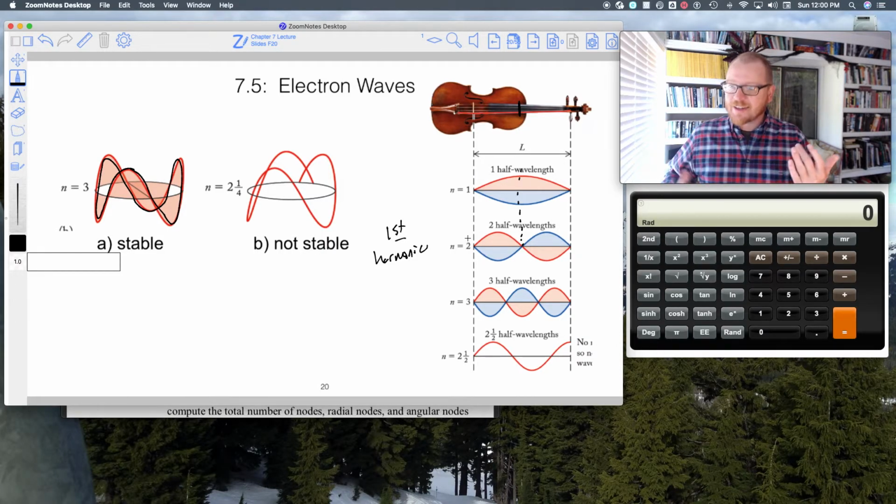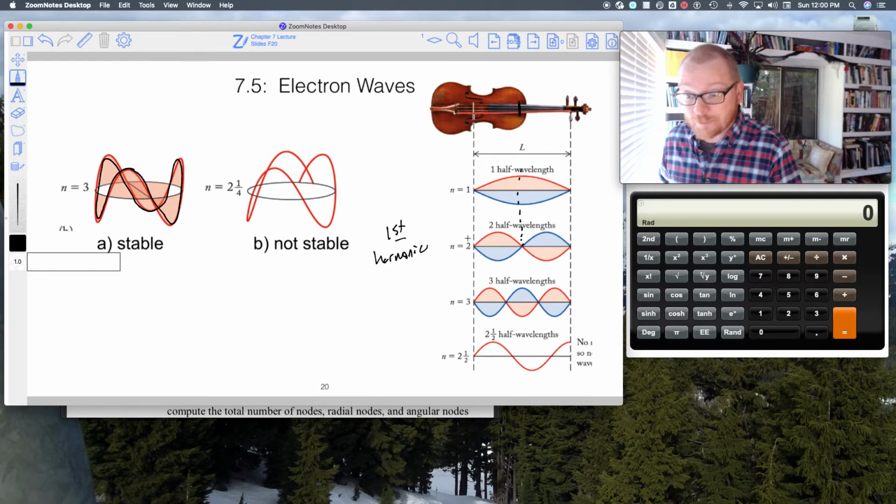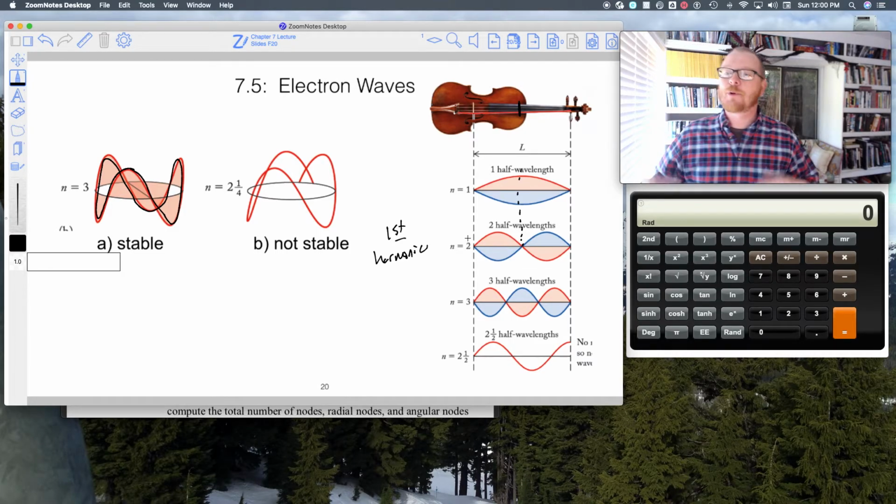When you do it at exactly half of the length of the guitar, that's the first harmonic. If you were to do it at 1/4 of the length, it would be the second harmonic. If you do it at 1/8, it would be the third harmonic. This also creates the basis of octaves in music when you split these waves up based on whole integer numbers of wavelengths. So there's some pretty cool stuff going on here.